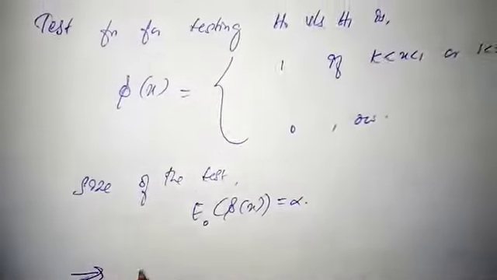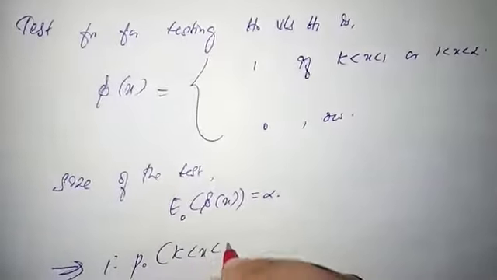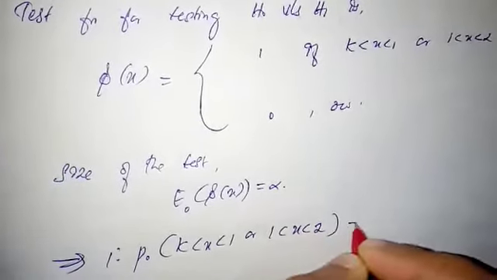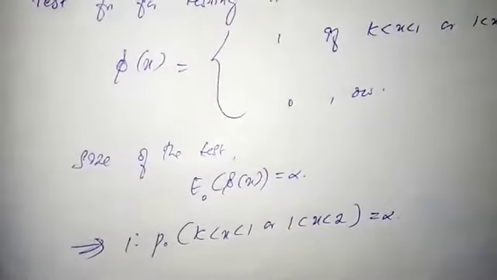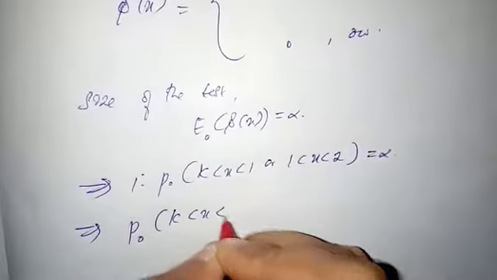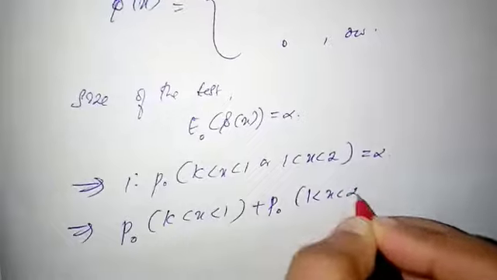That implies 1 times the probability of k less than x less than 1 or 1 less than x less than 2 equals alpha. We can write this as the probability of k less than x less than 1 plus the probability of 1 less than x less than 2 equal to alpha.